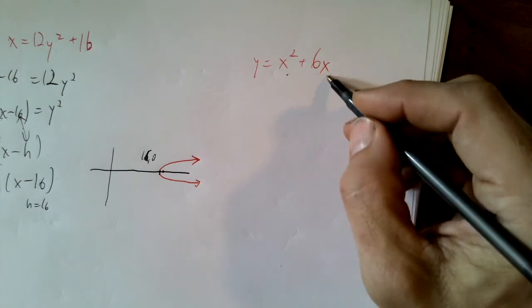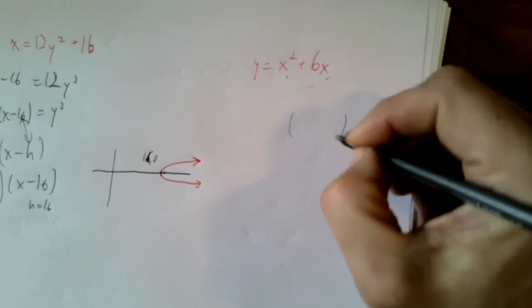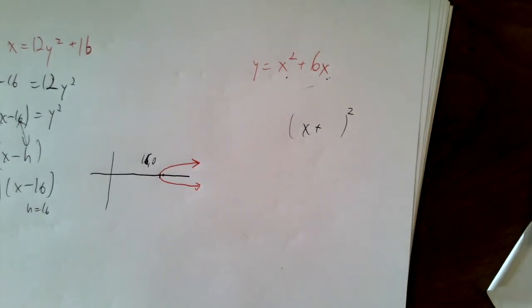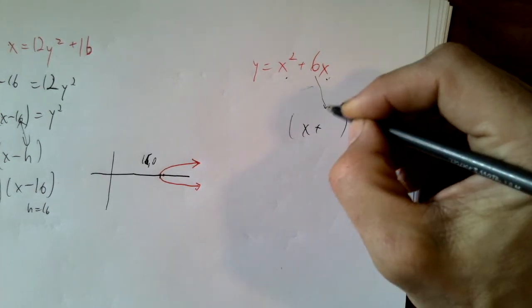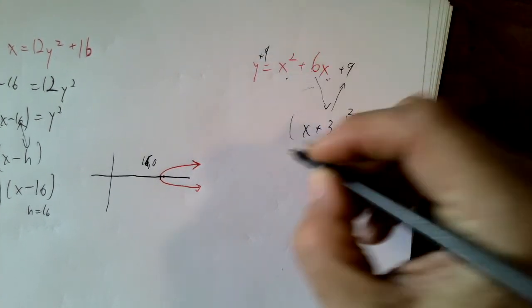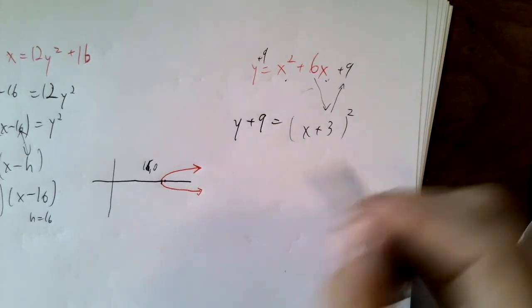Okay, so rearranging this into the form perfect square equals 4 times a number times whatever. This one's got an x squared and an x term, so in order to get a perfect square on one side, it's going to have to be this kind of perfect square. In other words, we have to do completing the square on these things to make that perfect square show up. So this divided by 2 is 3. 3 squared is 9. I'm going to have to add 9 to both sides. So I can rewrite this as y plus 9 equals perfect square.